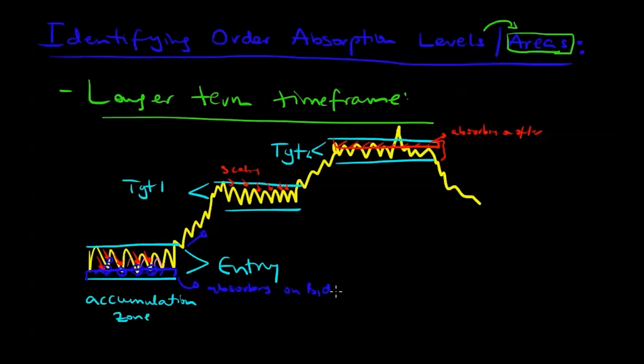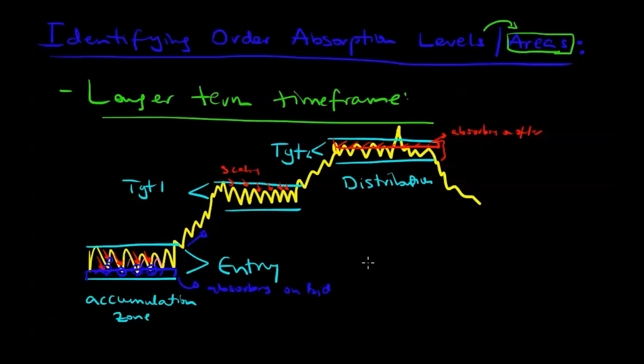on the bid. So if you understand this simple dynamic, the fact that the market, and we forgot to mention, this is our accumulation zone, this is our distribution zone.